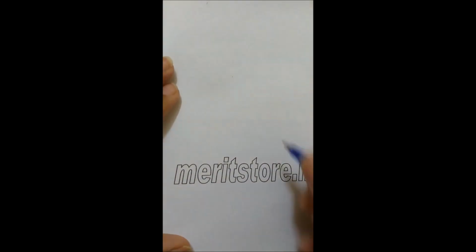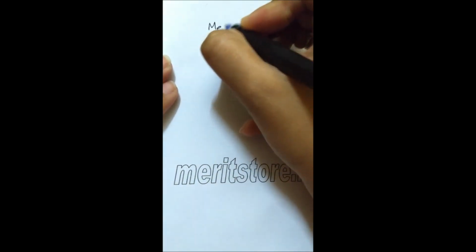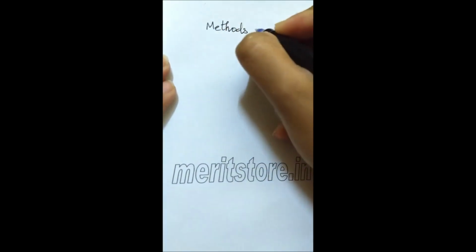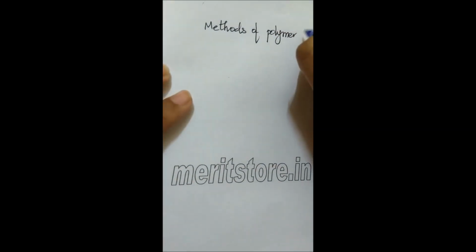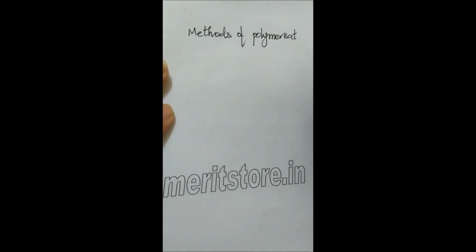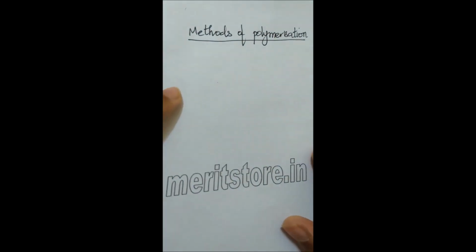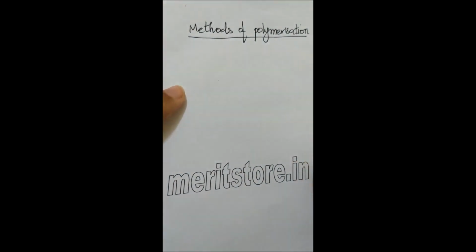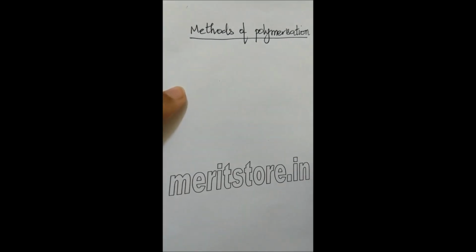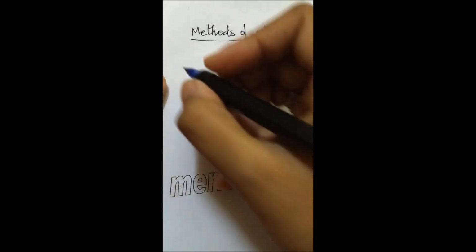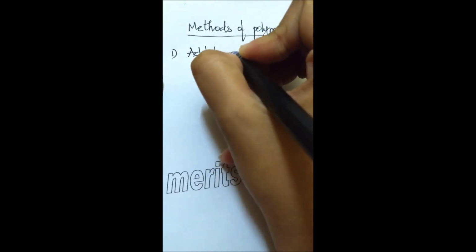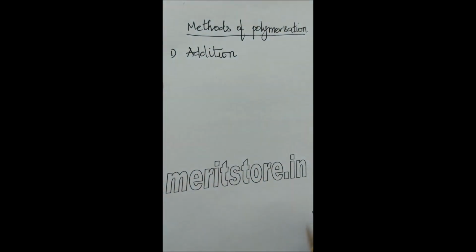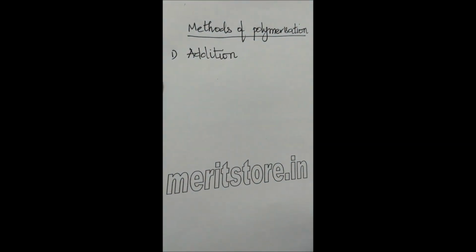Let us look at methods of polymerization. My first method of polymerization is by addition. Addition polymerization or chain growth polymerization.